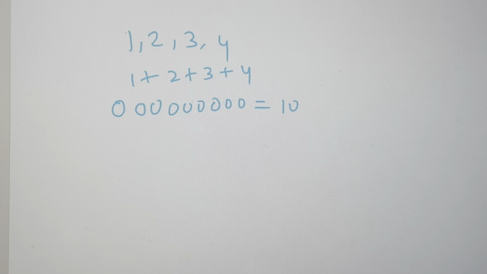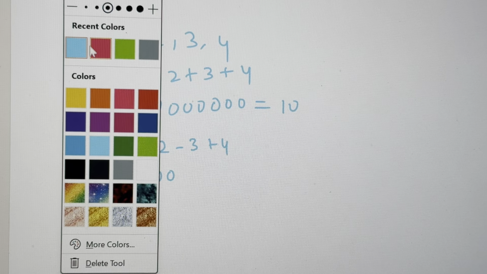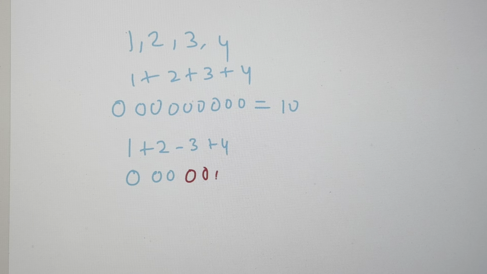Suppose I take 1 plus 2 minus 3 plus 4, a different kind with one negative. For 1 I'll take 1 blue, for 2 I'll take 2 blue. Now for 3, let me change the color so you'll understand it better. I'll take 3 red because it is negative.